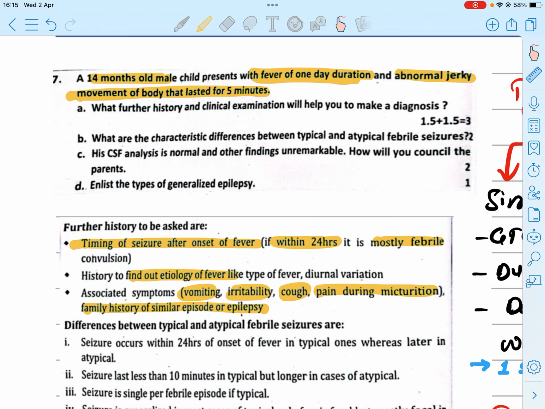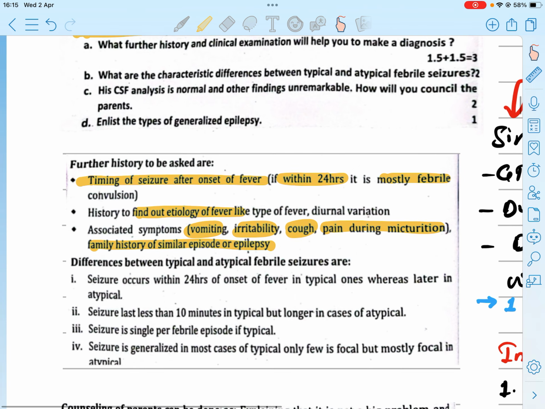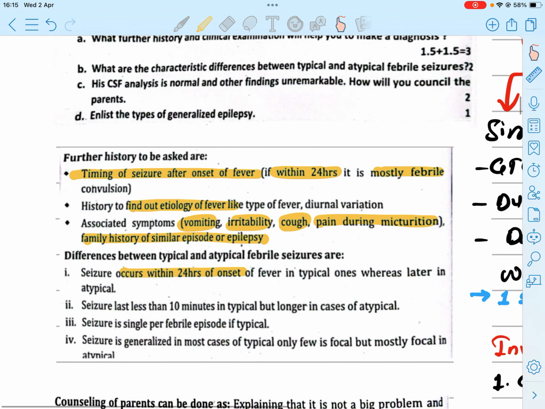Now let's differentiate between typical and atypical febrile seizure. If the seizure occurs within 24 hours of onset of fever, it is typical, and if the seizure occurs after 24 hours of onset of fever, that is atypical.